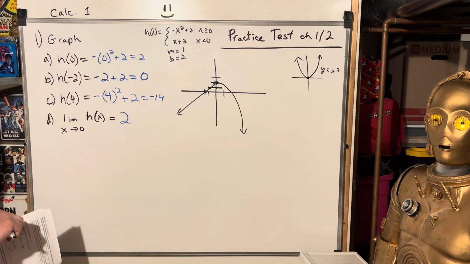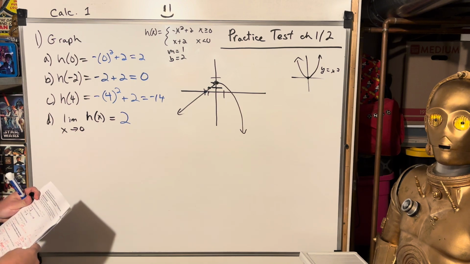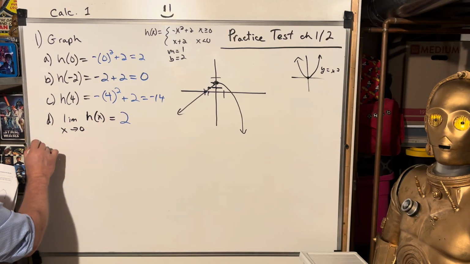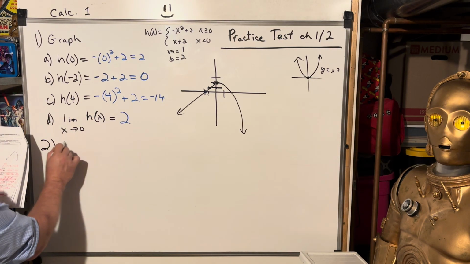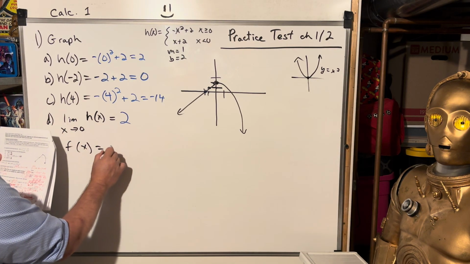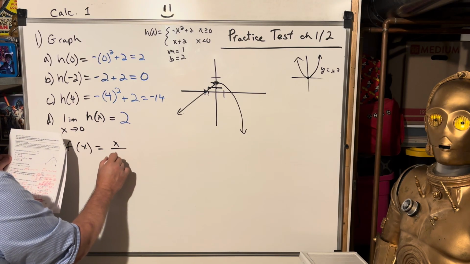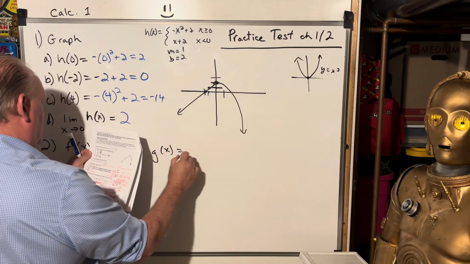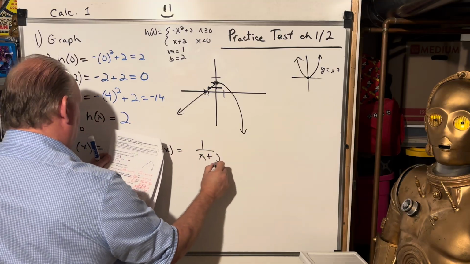Let's take a look at number 2. There's a bunch of A, B, C, D, E, F, G here. Let's see if we can squeeze it in here. f of x is equal to x plus 1. g of x is equal to 1 over x plus 2.